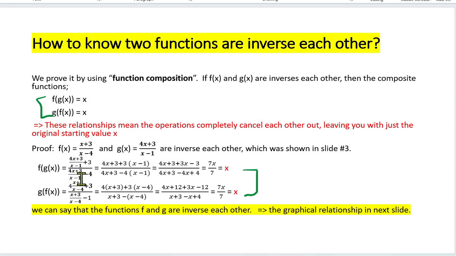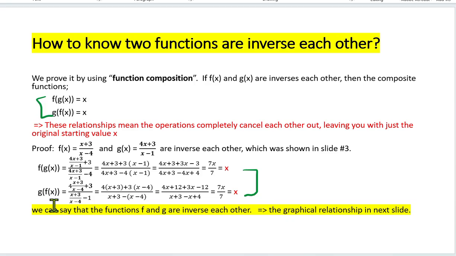In the denominator, x minus 4, we put 4x plus 3 over x minus 1 and minus 4. We simplify this, and f of g of x comes out to be x.